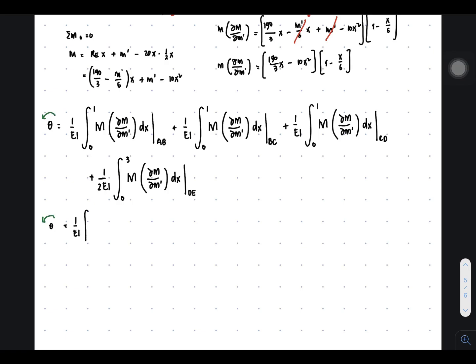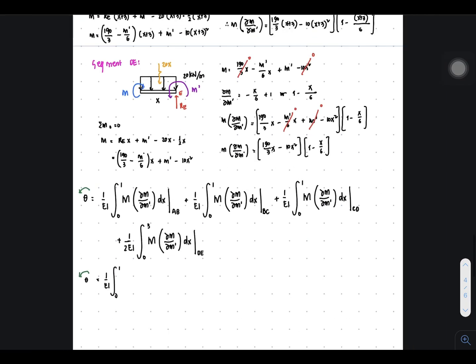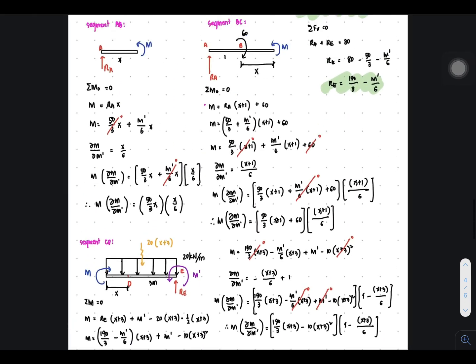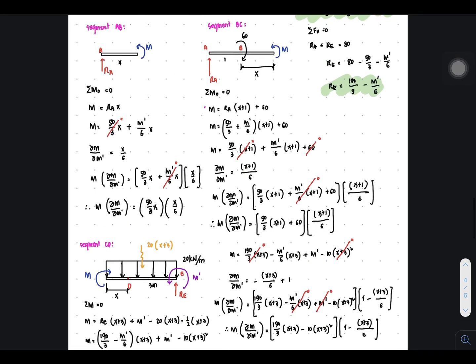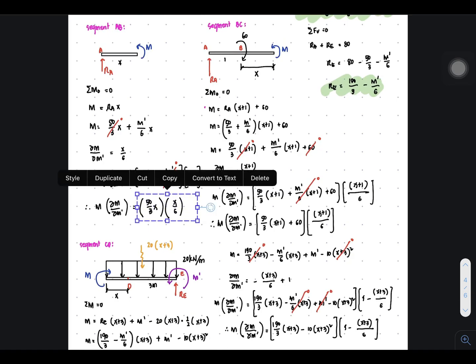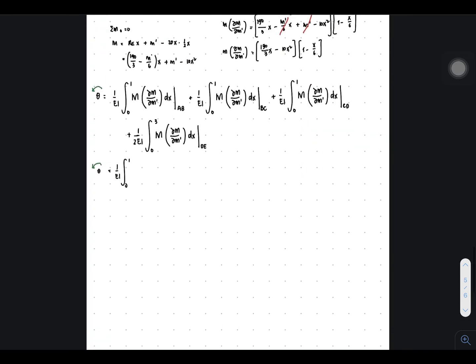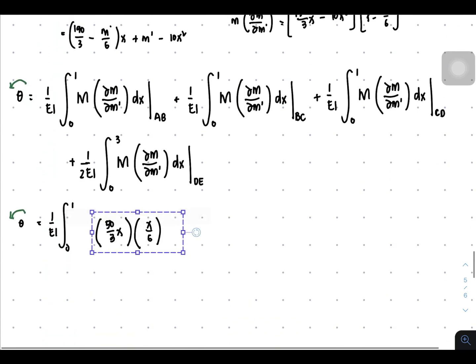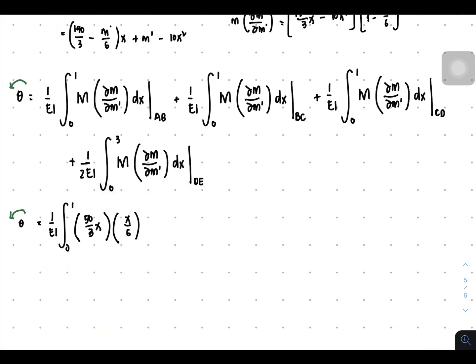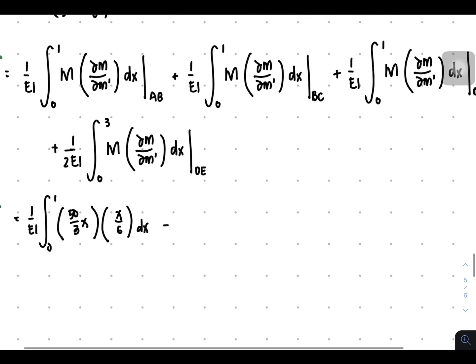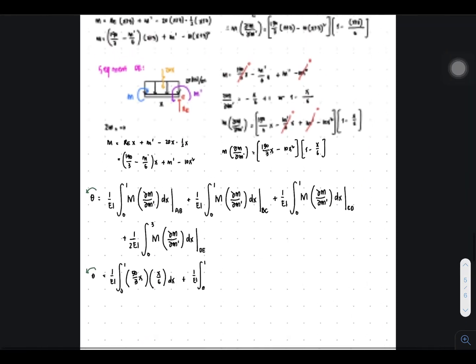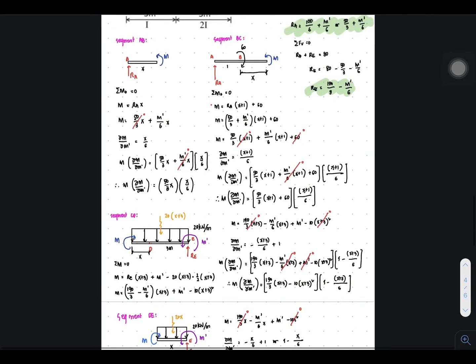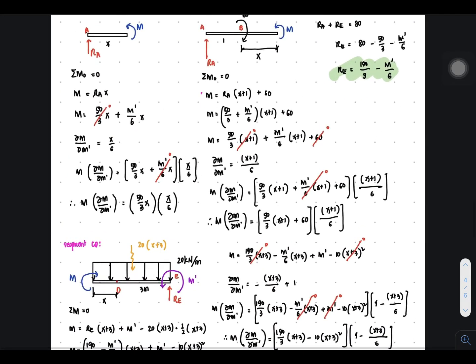So we have 1 over EI for the first integral, 0 to 1 limit for the AB segment. Let's copy the segment AB. Where is the segment AB? Here. Let's copy that and paste it here. dx, then plus 1 over EI, the integral from 0 to 1 in a limit of BC. Where is BC?